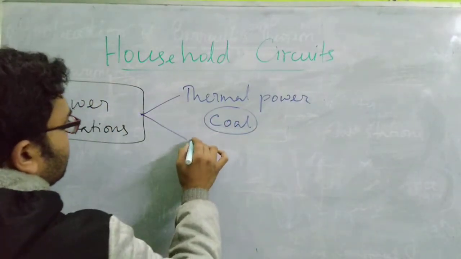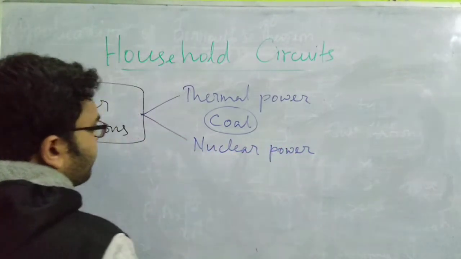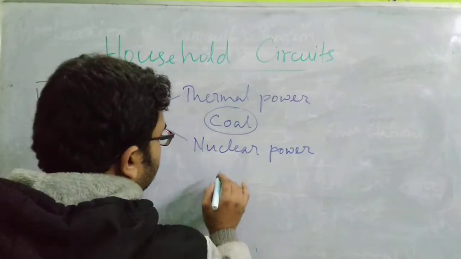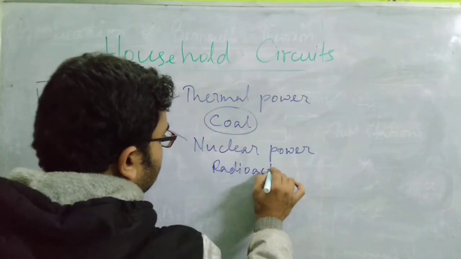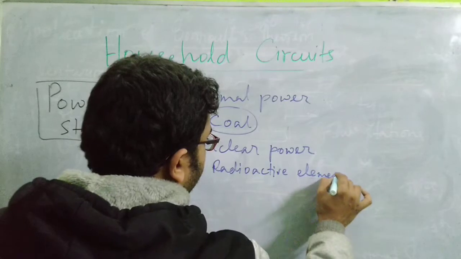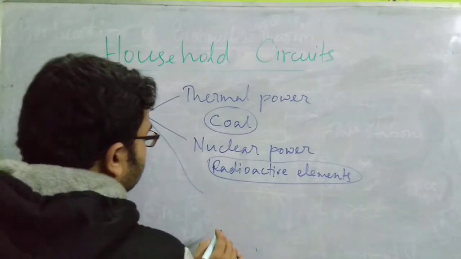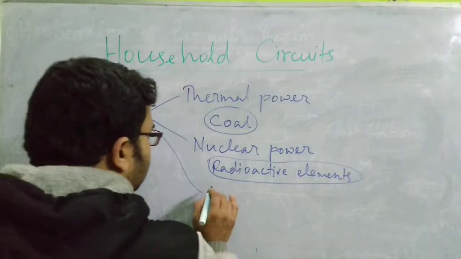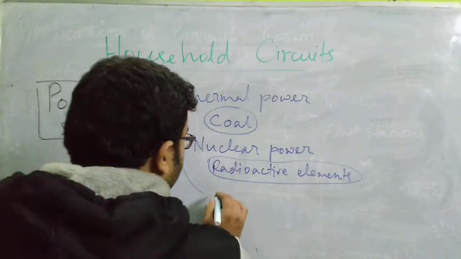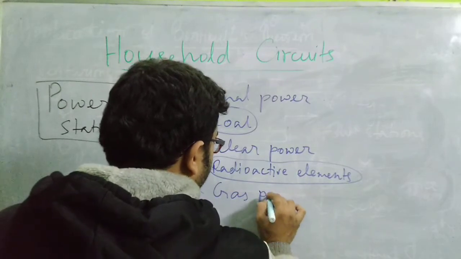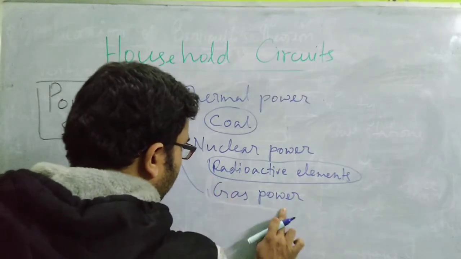Then it can be a nuclear power station, where the major raw material is the radioactive elements. The third type of power station, which is in very little use but had a considerable share in the past, is the gas power station, where diesel is used as a raw material.